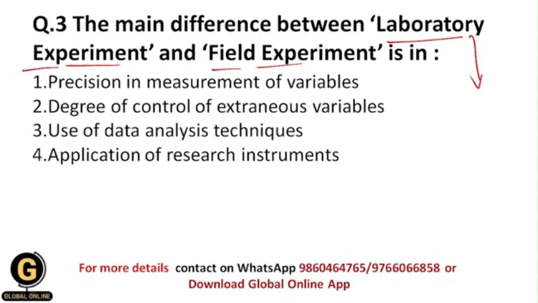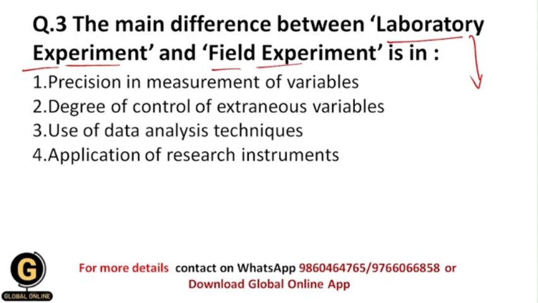We make an artificial environment, which is called the laboratory or controlled environment. Within the field experiment, as it is wholly natural, we don't have proper control on the extraneous variables. Extraneous variables are the variables which the researcher doesn't want to study, but because of them they have a false effect on the results of our research study.